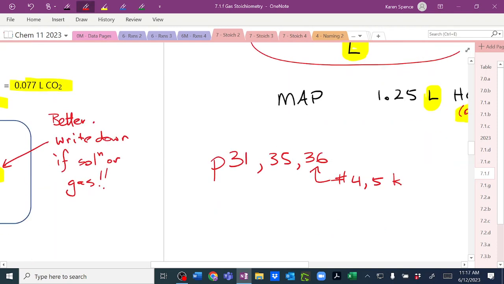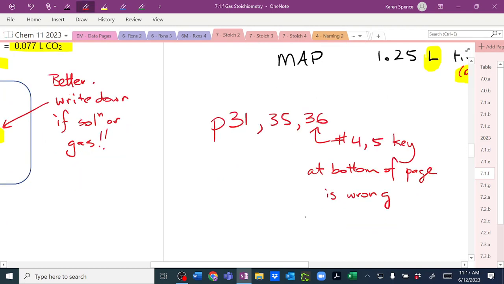The key at the bottom of the page is wrong. But the answer key is correct, because the worked answers are in the answer key. Okay.